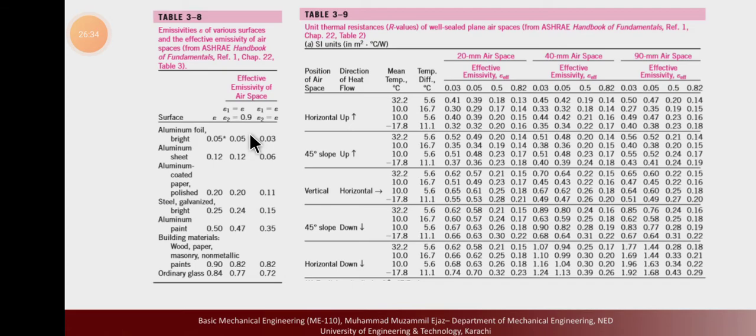You see them on banks, and if you go to Shahrah-e-Faisal, you see that many buildings are covered with this special sheet material, the Alcobond sheet. The outside surface is made of aluminum foil, so it avoids solar radiation being trapped inside the building.